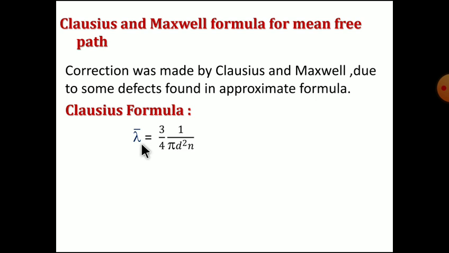The equation becomes lambda bar is equal to 3/4 multiplied by 1 divided by pi d square n. That formula is known as the Clausius formula for mean free path.